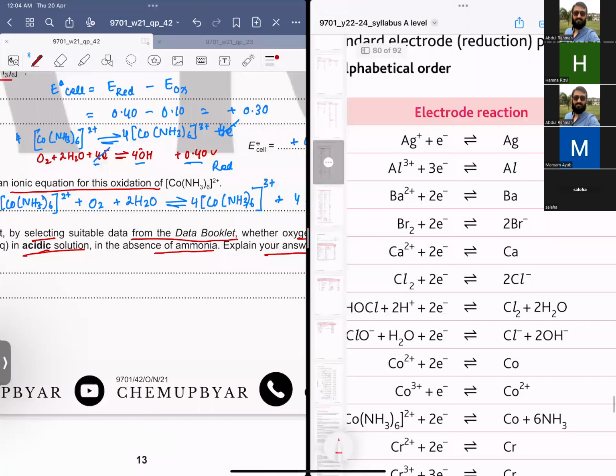Oxygen and, let me write the equation over here.